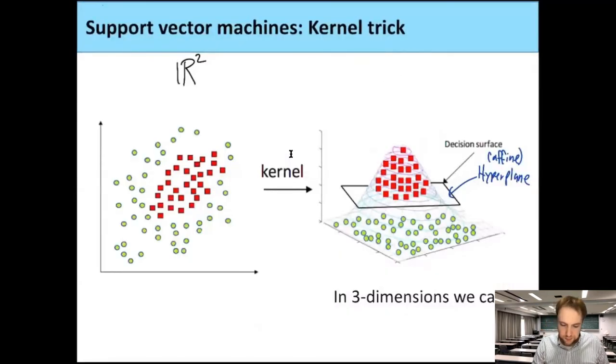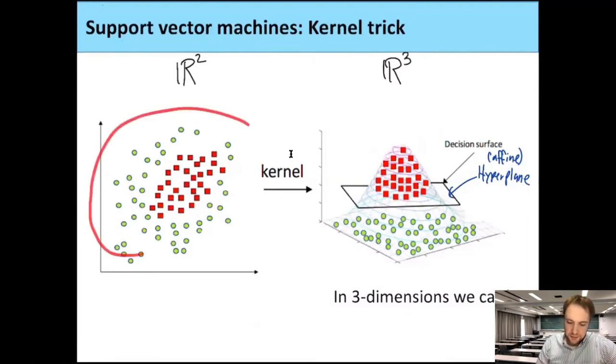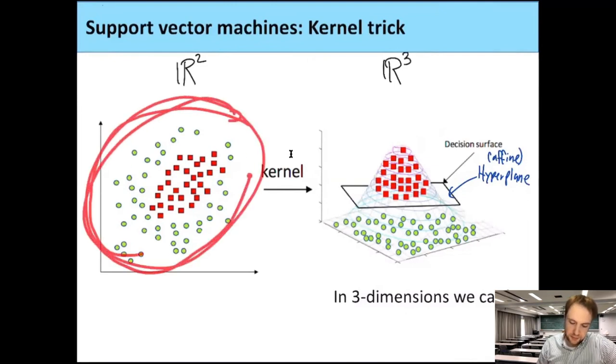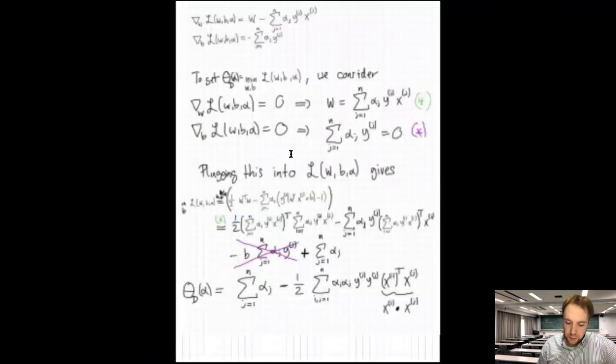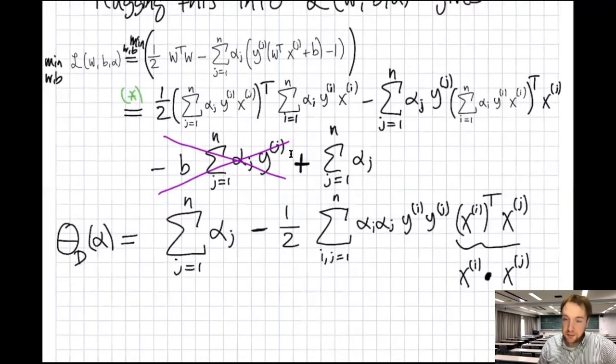So we start in this case with our feature vectors in R^d, but here we cannot separate them. But now we learned that to separate in some dimensions, we need to maximize this function, and this function will actually just depend on the dot product of our input vectors. But it will not really depend on the actual vector.